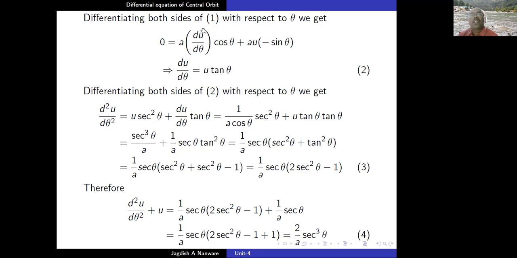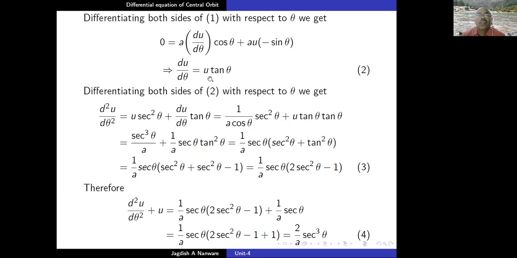This term is plus, this term is minus, so that you can write this is equal to a u sine theta only. So a will vanish, and what remains is du by d theta cos theta equal to u sine theta, and dividing by cos theta, this can be written as du by d theta is equal to u sine theta upon cos theta, that is tan theta. So this is the first derivative.